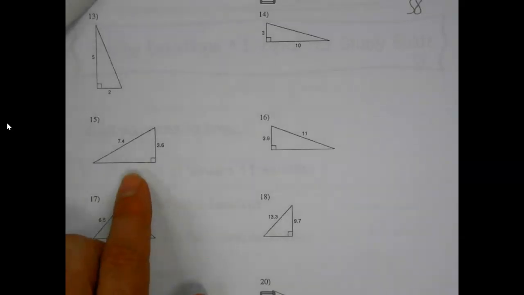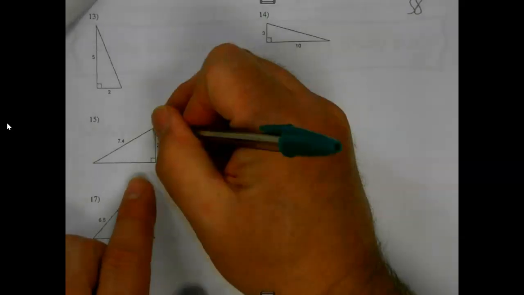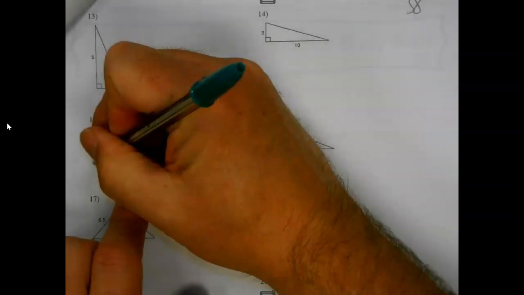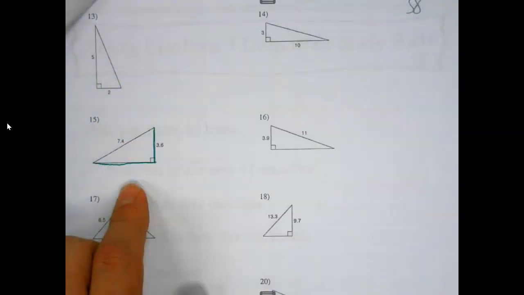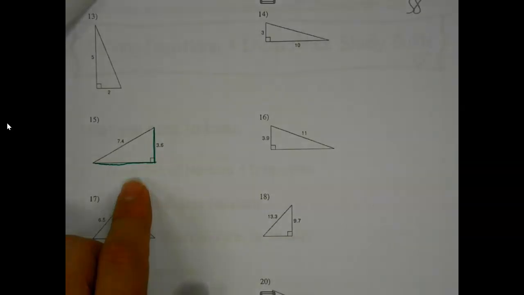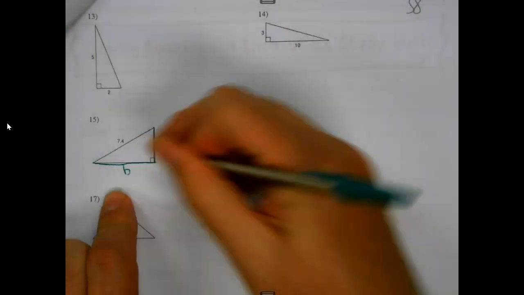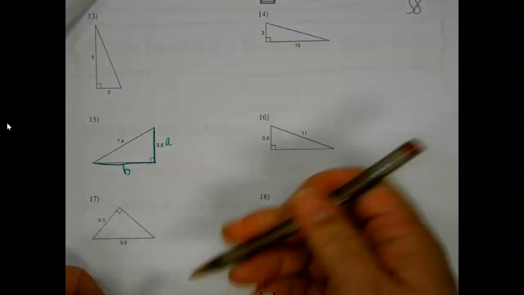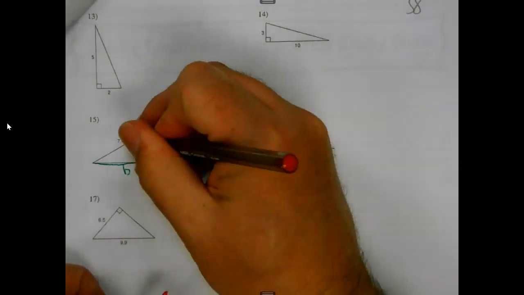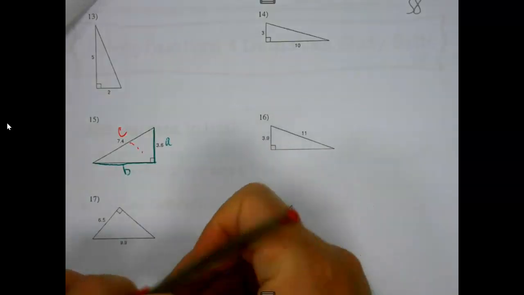Because again, I've got 2 sides, but notice this time, here's my right angle. So my A and my B form the right angle. Well, I don't know this time. And my longest side, my side across from my right angle, is over here.